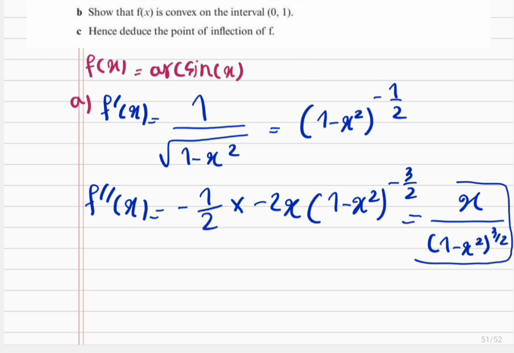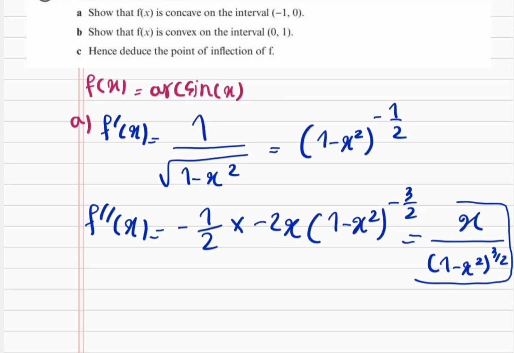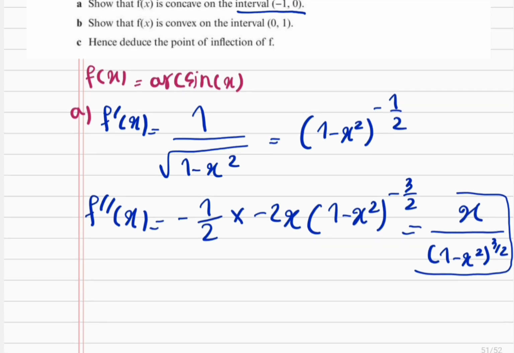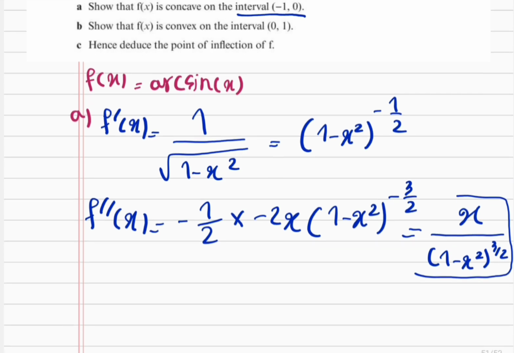So this is the second derivative, and now we are at a position to find out if the function is concave and also convex in the next part. So here the interval that we are considering is the interval -1, 0. And if you consider the behavior of the second derivative in the interval -1, 0, remember that all the x values are negative.